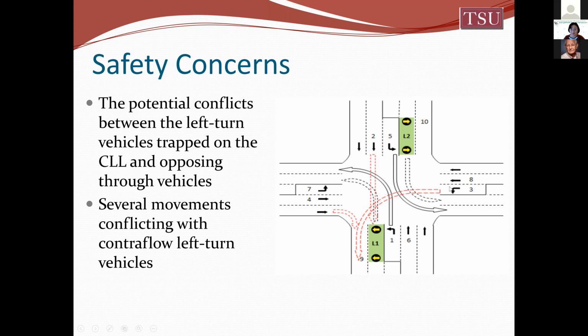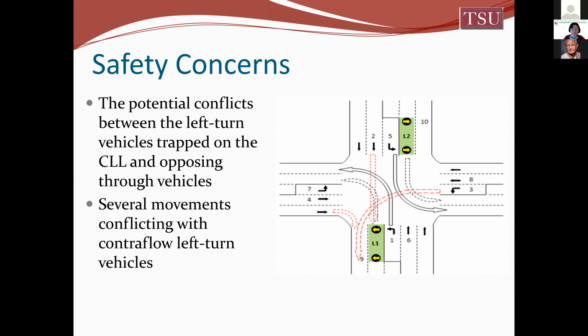So there are potential conflicts between the left turn and the contraflow left-turn vehicle. And then also the right turn. Some people make a big right turn, so they may also conflict with the vehicles stopped at this contraflow left turn lane. So there is some potential safety risk.